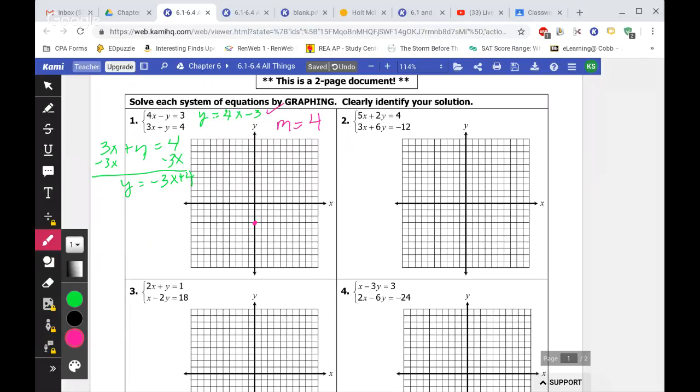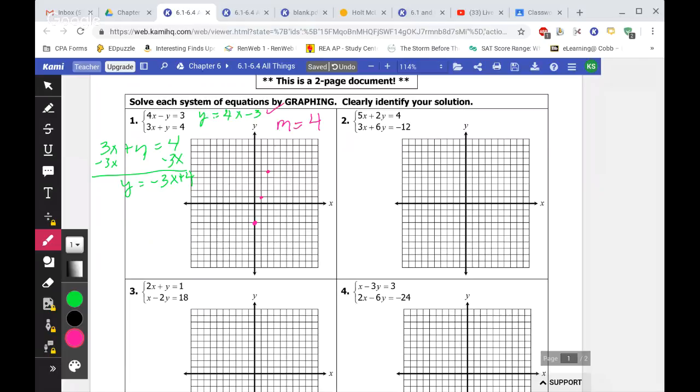So going up 4 and right 1, because remember, the slope is a ratio. So if it's just a whole integer, you always put it over 1. So up 4, right 1. 1, 2, 3, 4, right 1. And then 1, 2, 3, 4, right 1. 1, 2, 3, 4.